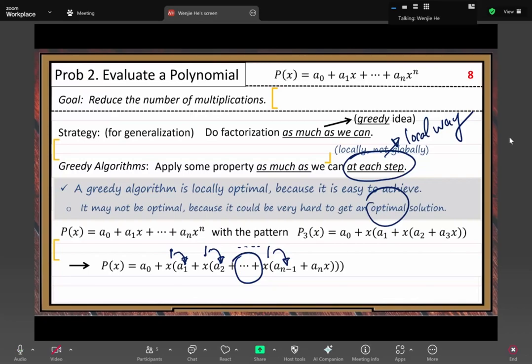We do this kind of association. Then the last multiplication, can we associate it with that subscript? After this one-to-one correspondence, when you do the counting, you just count the number of subscripts.